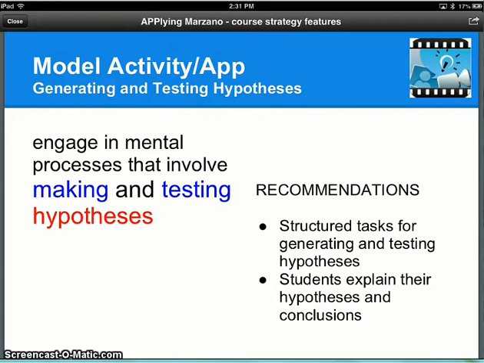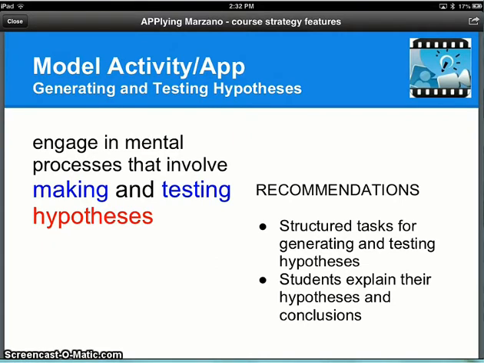So a couple of the recommendations we're going to talk about in a second here, in terms of classroom practice, is that the teacher should be coming up with structured tasks for students to do around generating and testing hypotheses, and then that there's a lot of power in the action of students explaining hypotheses, and it's even the idea of explanation and explain as a key word here. That's one of the reasons that we really like this app, Explain Everything, as an example to show.